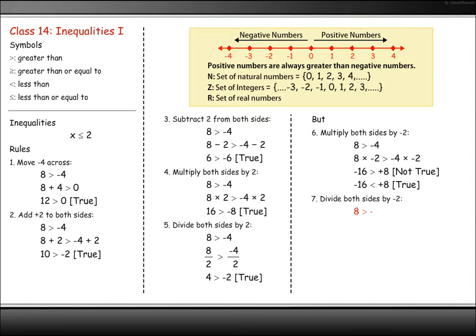Divide both sides by -2. This is not true, as -4 is not greater than 2. You need to reverse the inequality. Change from is greater than to is less than to make it true.